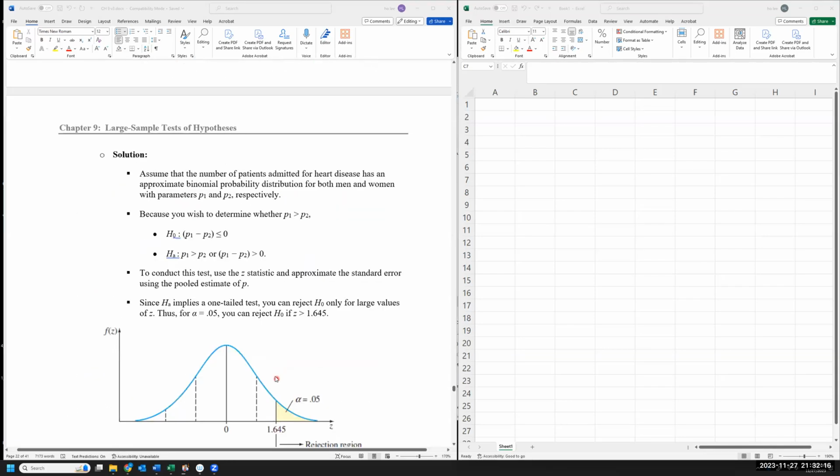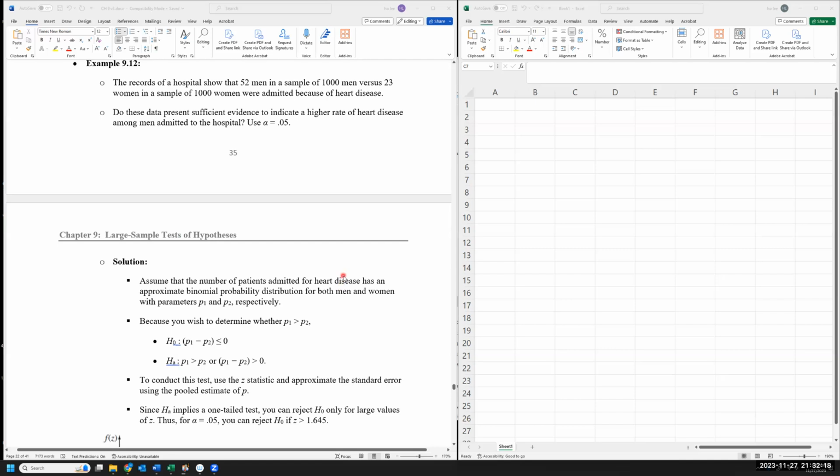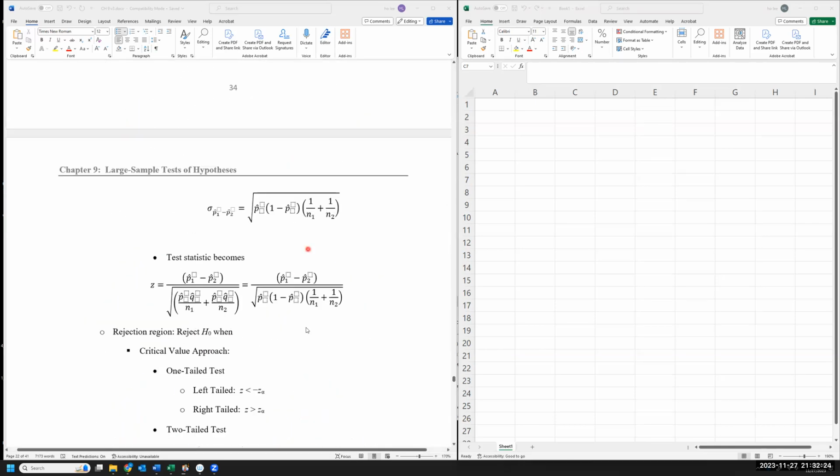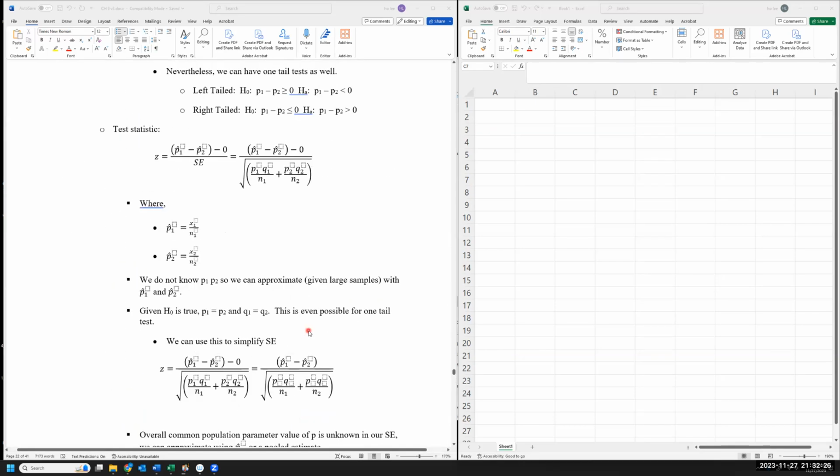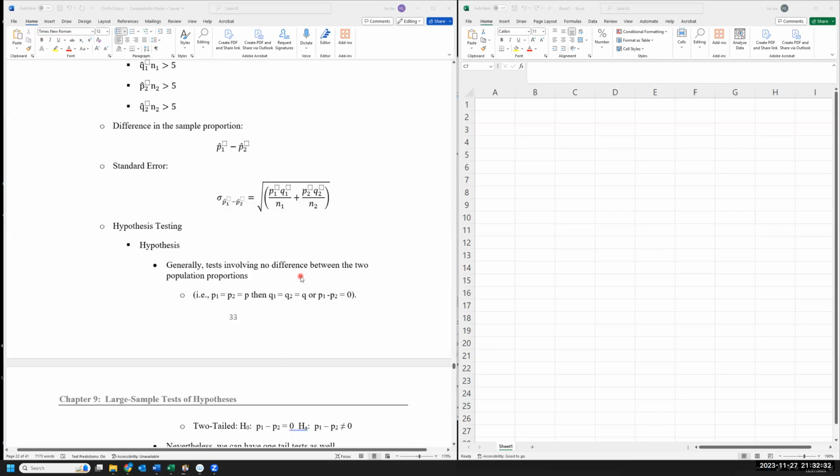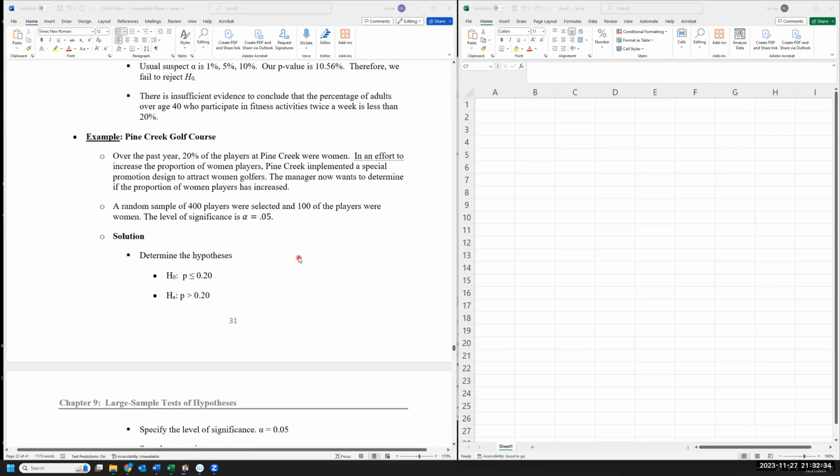All right. Given that I did an overview of how to do a large sample test of the difference in the population means and the difference in the population proportions, let's do some examples.